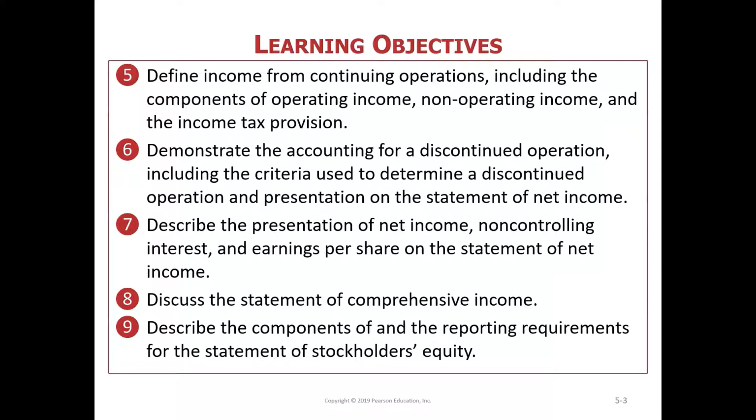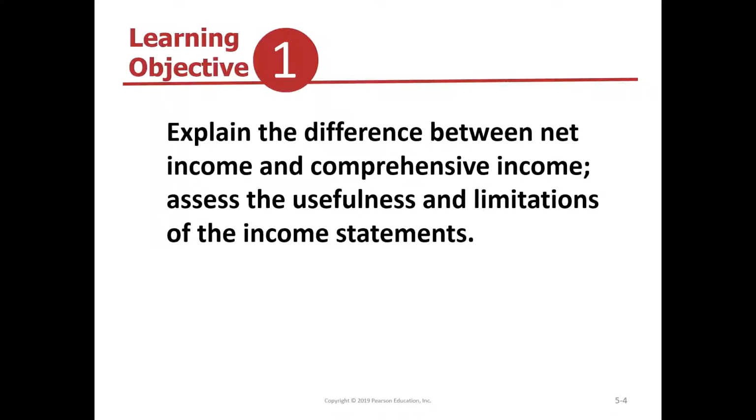And 9, describe the components of and the reporting requirements for the statement of stockholders' equity. So our first objective is explain the difference between net income and comprehensive income. Assess the usefulness and limitations of the income statement.